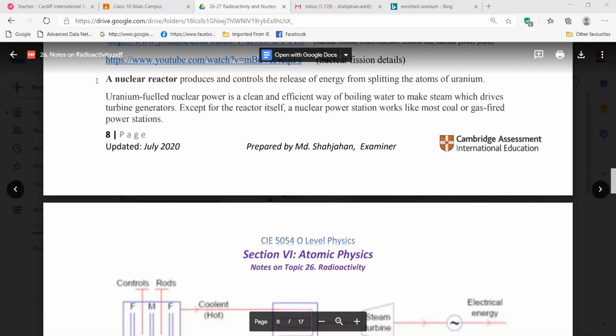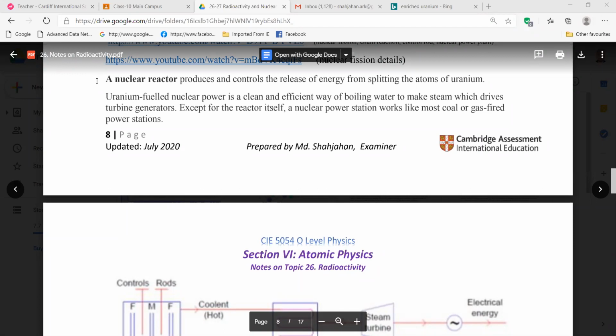Are you clear why it's clean and efficient? You might have had this idea before, when you went through the first topic in thermal physics, maybe Shamim sir discussed it, in class 8. There you got different kinds of energy, renewable and non-renewable, and the advantages and disadvantages of renewable energy.